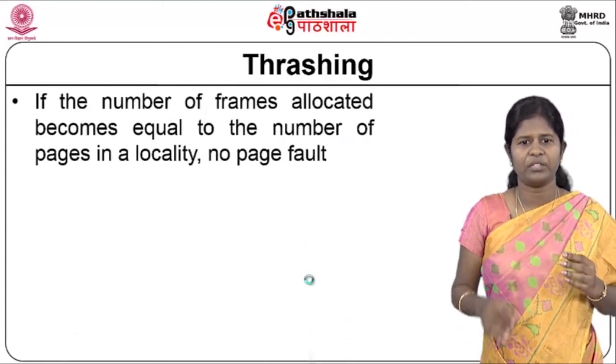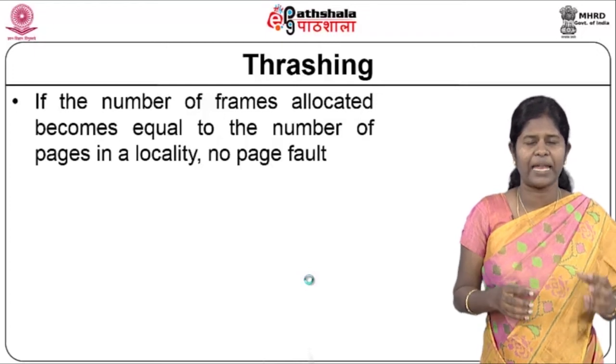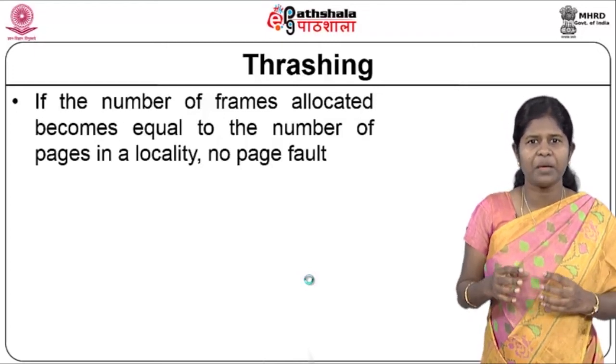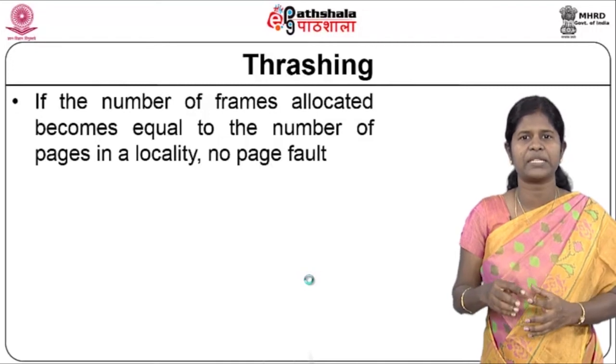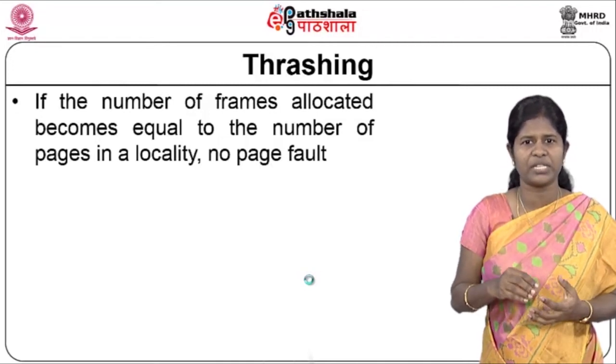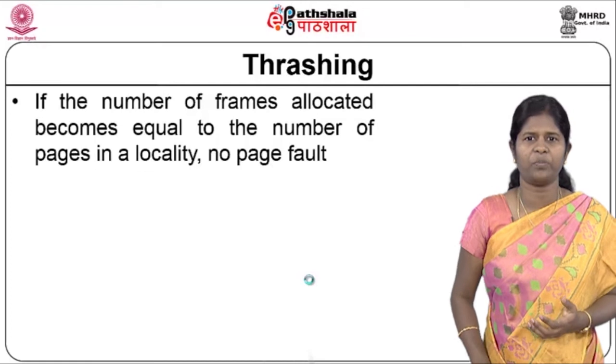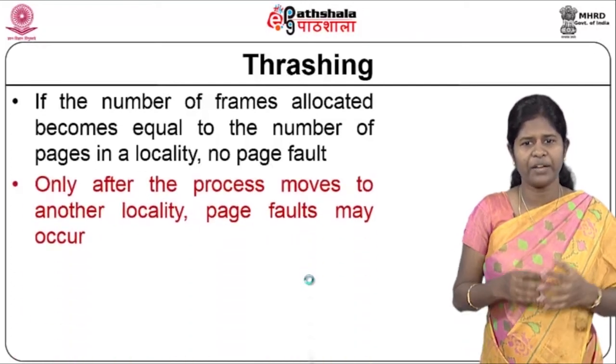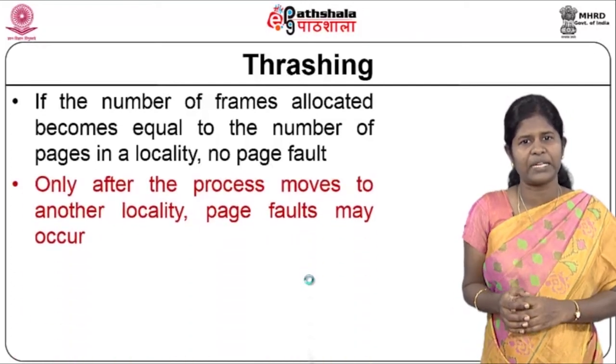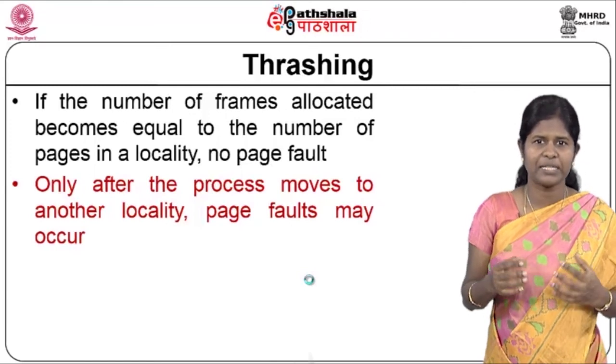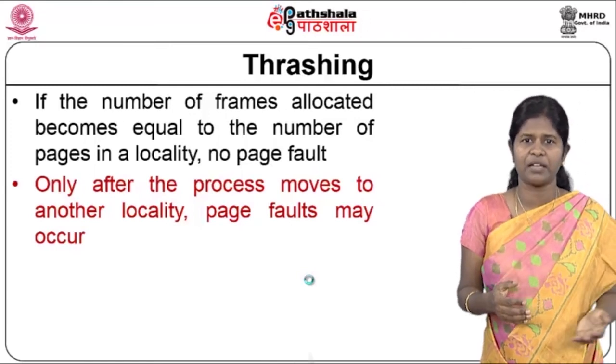So, if the number of frames allocated to a process becomes equal to the number of pages in the locality in which it is currently executing, then there will be no page fault. Only after the process moves to another locality will page faults occur. You can think of this as the subroutine example.